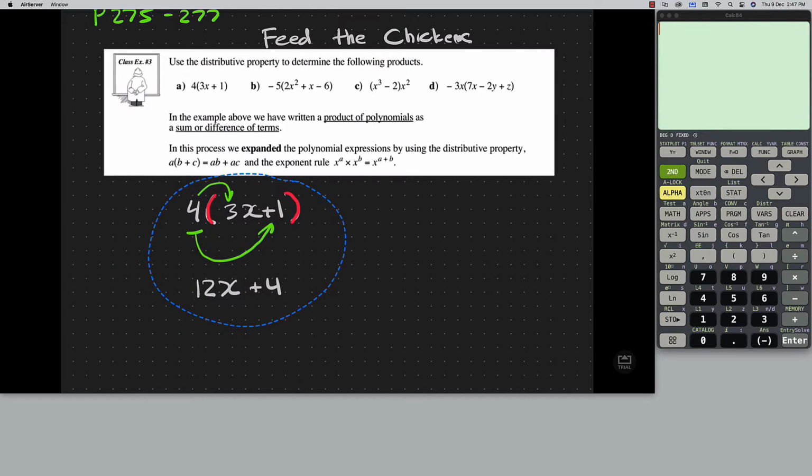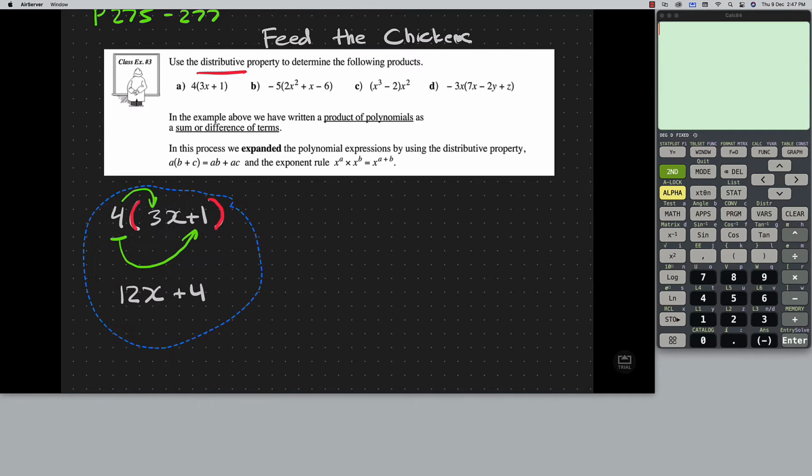Now what we want to do is make sure that that is in descending order, and that anything that is similar, we gather those like terms. So x has a degree of 1, and the constant 4 has a degree of 0, so it is in descending order.